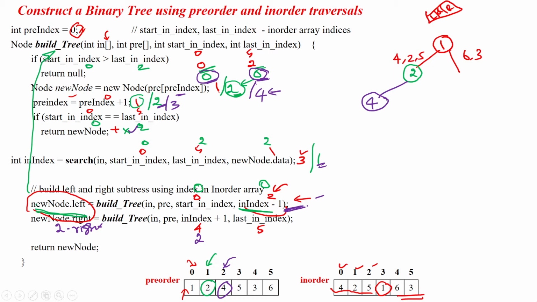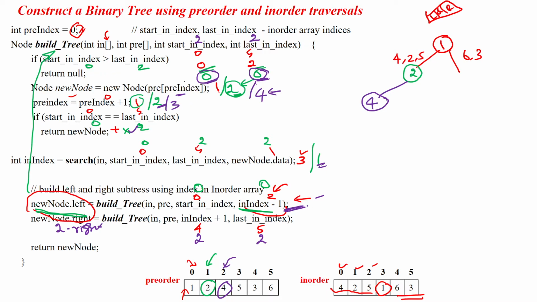The last index we are again passing as 2. Now we are calling with 2 as the start index and the last index also 2. We check whether start index is greater than last index, which is false.